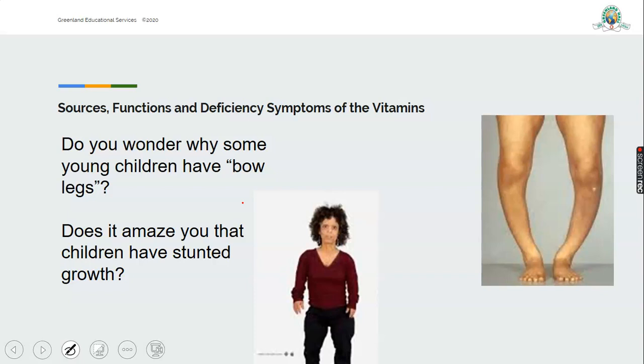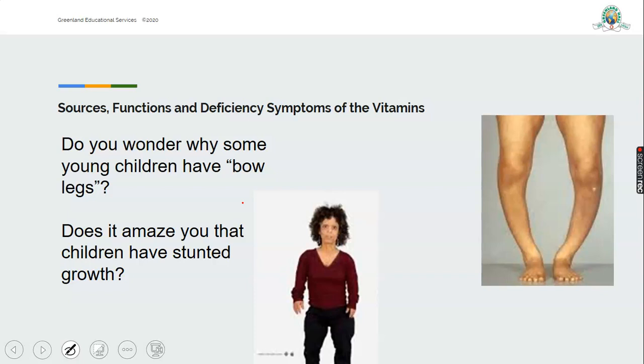Now, let us look at the sources, functions, and deficiency symptoms of vitamins. Do you wonder why some young children have bow leg, or what we call rickets? Why some are stunted? Now look at the two pictures there. The first one is showing what we call bow leg.